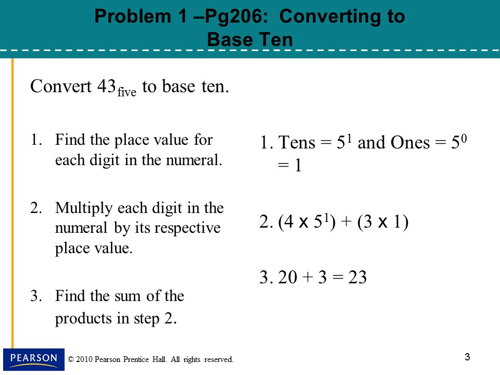The first thing is to convert 43 base 5 into base 10. To find the place value for each digit, in the tens position the place value would be 5 to the first, just like the place value for base 10 is 10 to the first. Since we're working in base 5, it's 5 to the first.